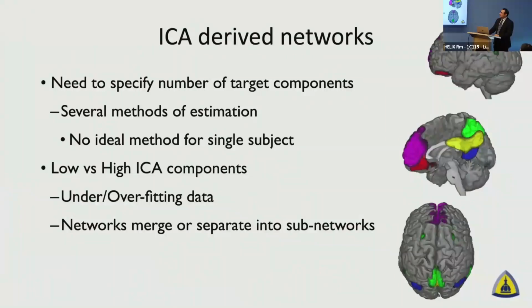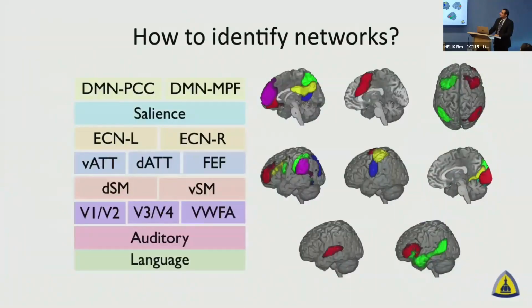And if you have too many, for example, networks have different subcomponents within the networks themselves, right? The best way to think about this is that all of this is hierarchical, meaning, like I mentioned earlier and keep repeating, the whole brain is working as an integrated unit. So at the biggest viewpoint, when you take a step back, the brain is one integrated network.